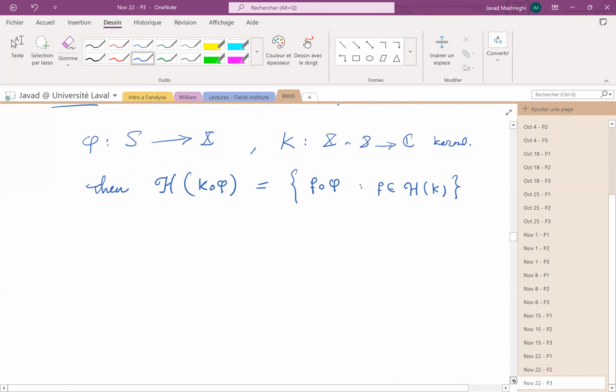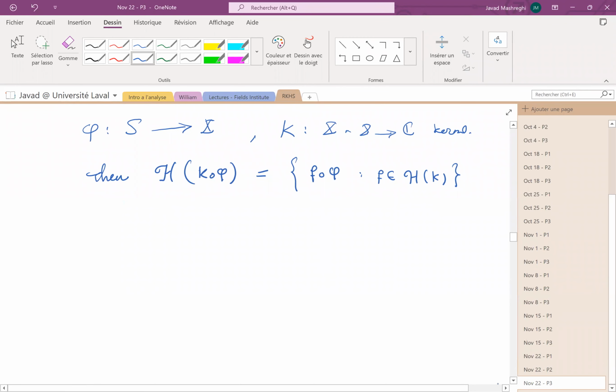And something similar to what we had before for addition: what is the norm of any element, say U, in H of K composed with phi? What is the norm of U in this space?